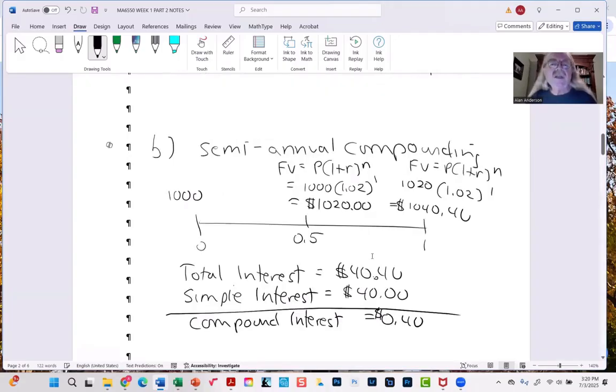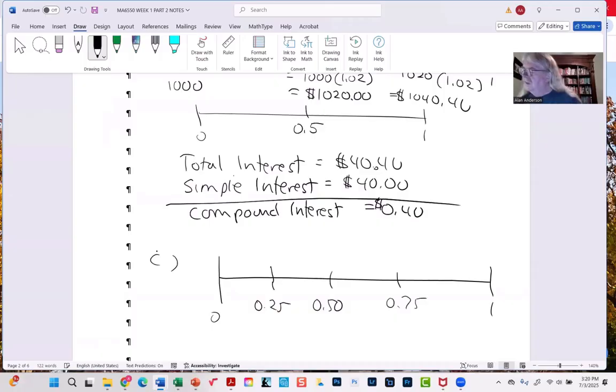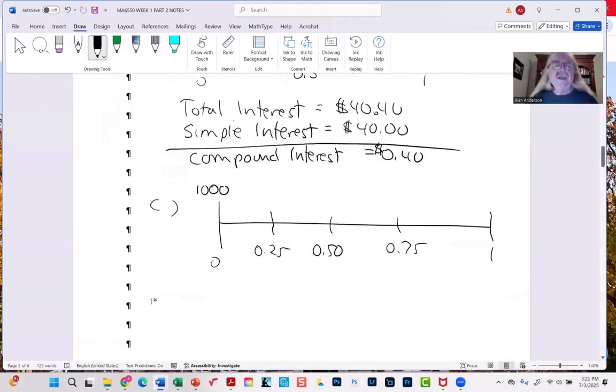Now, with the quarterly compounding, we're getting paid 4 times a year. So you start with 1,000, and then every quarter you get another payment. Now, this time, instead of getting 4% per year, you're getting 1% per quarter.